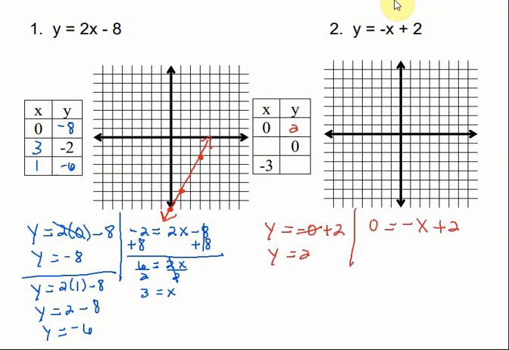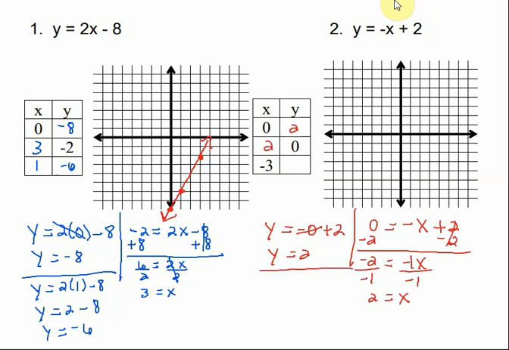And now we need to get the x by itself. So I'm going to subtract 2 from both sides. And that gives me negative 2 equals negative x. Well, I don't want a negative x, I want a positive x. So this is the same thing as a negative 1. So I'm going to divide both sides by negative 1, and a negative divided by negative is positive. So that would give me a positive 2 for my x value.